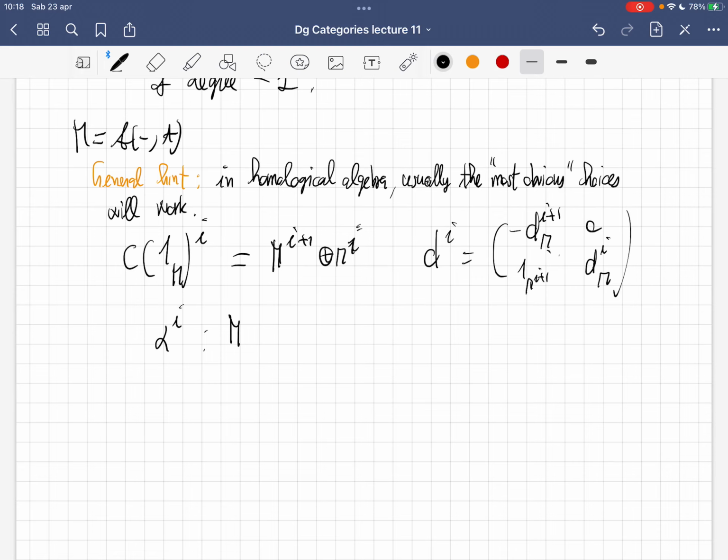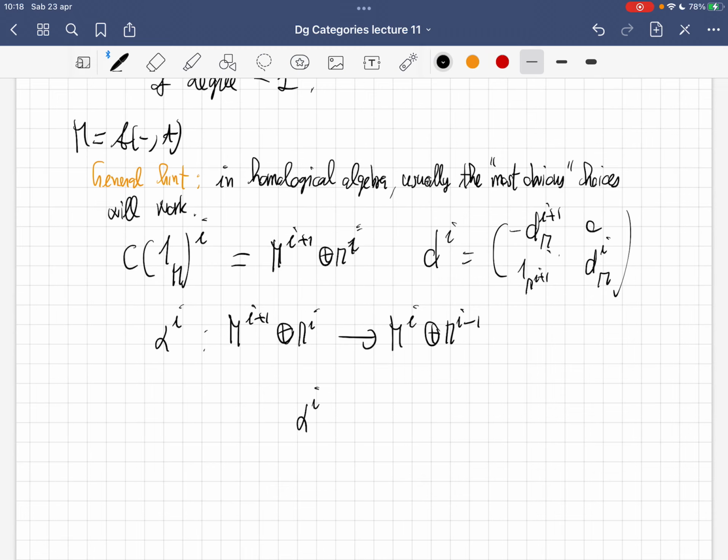Oh yes, there's a typo in my notes. I will fix it, but it's okay. So that will go from here, which is the ith component of the cone, and then you go one degree lower, so that will be M_i plus M_{i-1}.